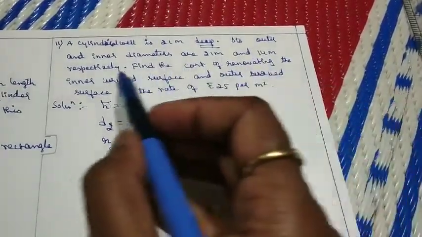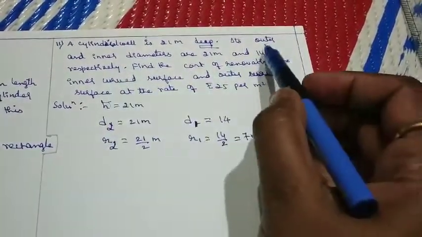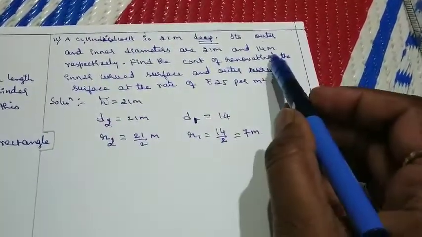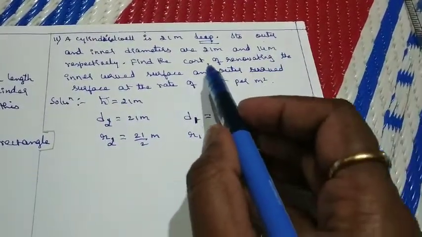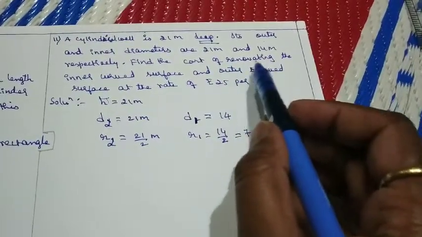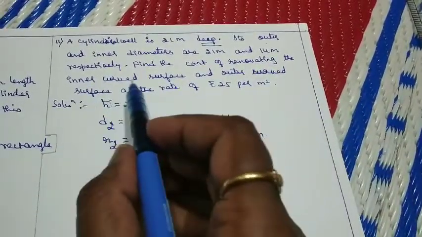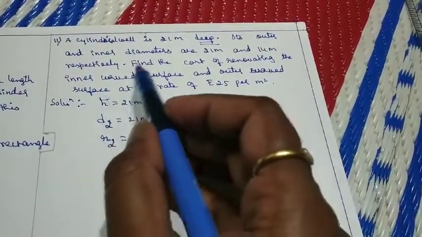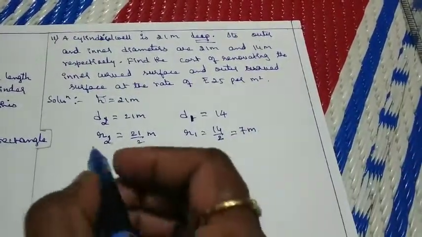Here in the question he gave respectively, means outer diameter is 21, inner diameter is 14, and is asking us to find the total cost of renovating the inner curved surface area and outer curved surface area. First we'll find the area, then we'll go for cost.